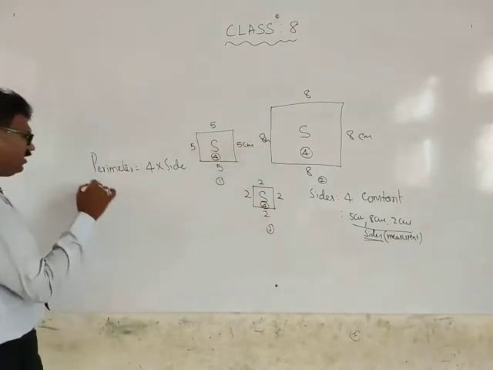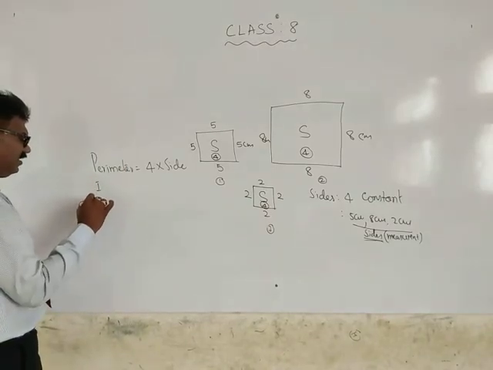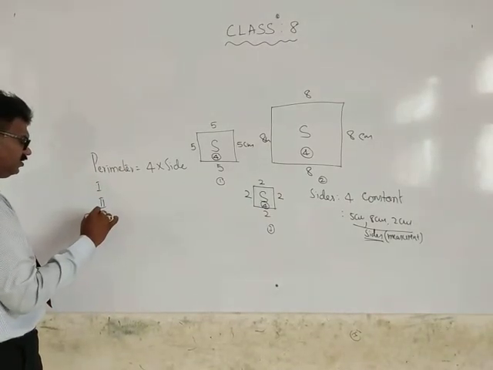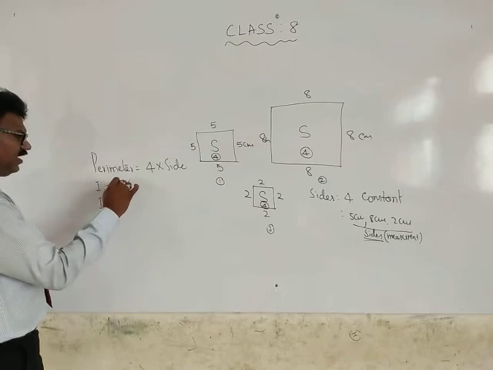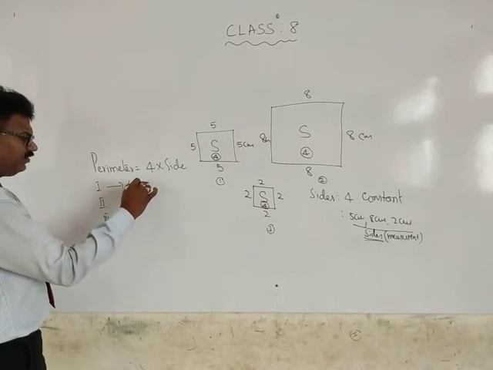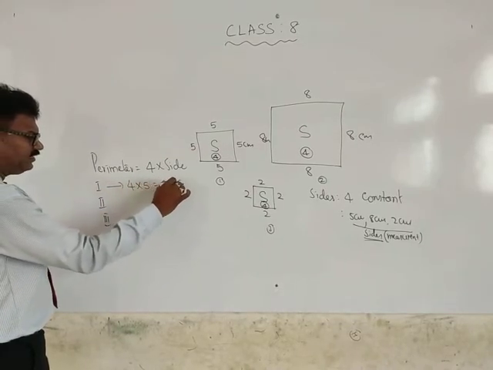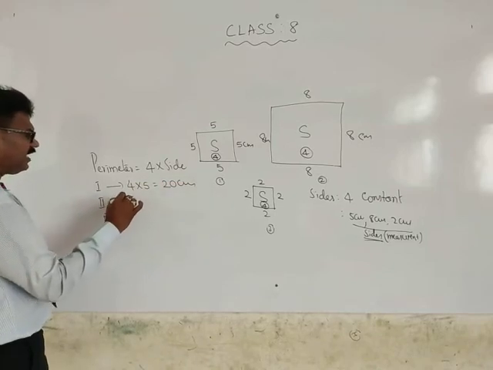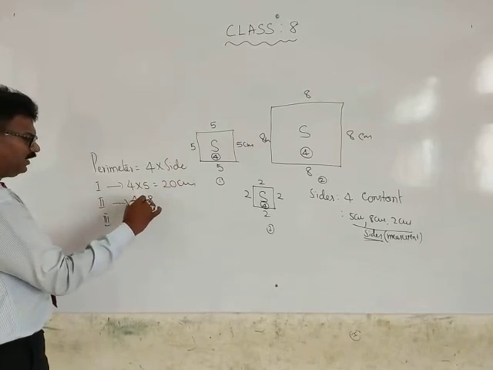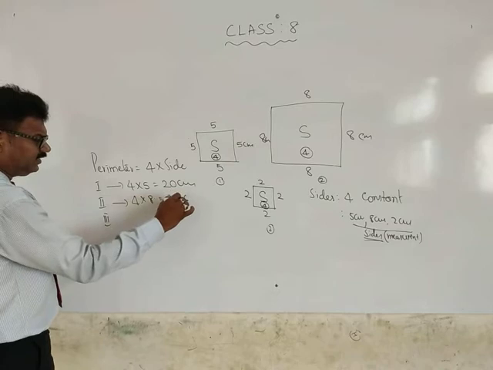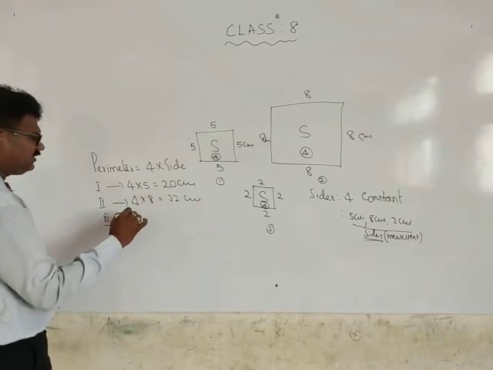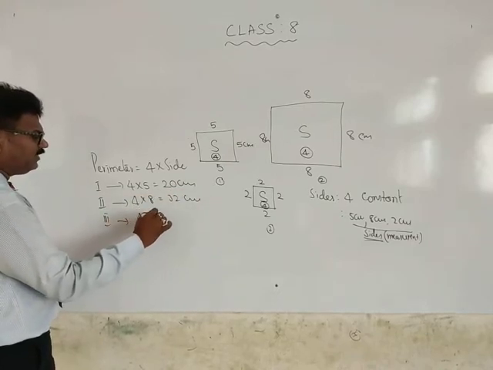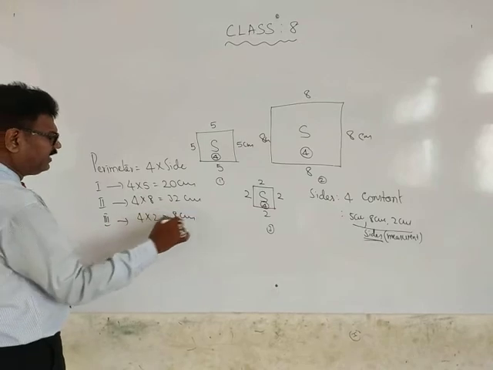First figure, 4 into 5, it is 20 centimeters. Second one, 4 into 8, it is 32 centimeters. Third one, 4 into 2, 8 centimeters.